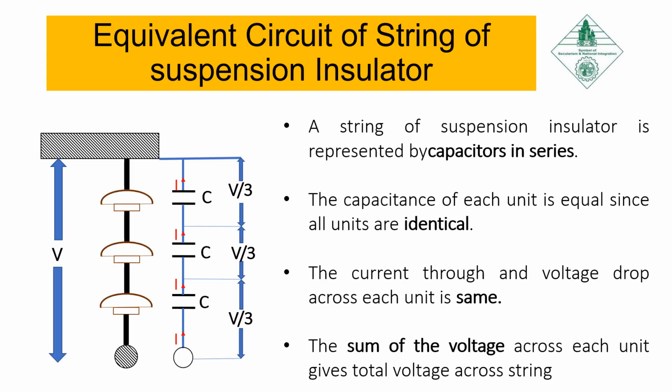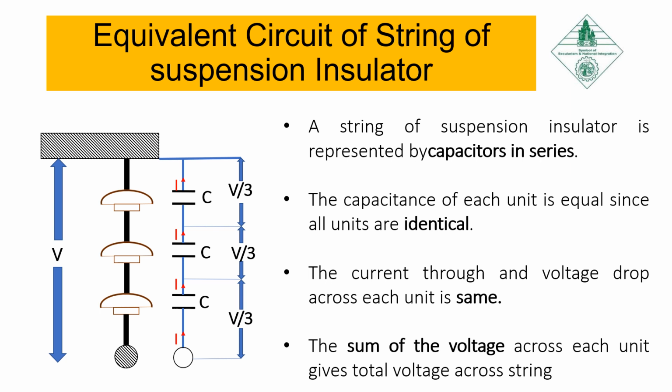Obviously, your answer is 3, because the number of units required in the string of suspension insulator is equal to operating voltage of the line divided by the withstanding voltage of each unit. Here 33 kV divided by 11 kV equal to 3.